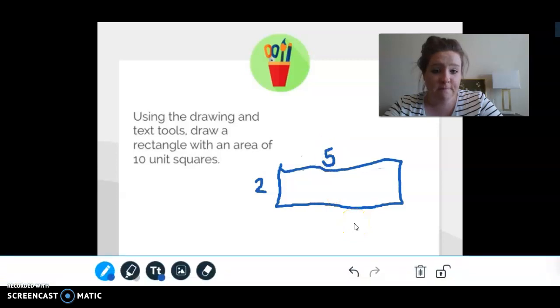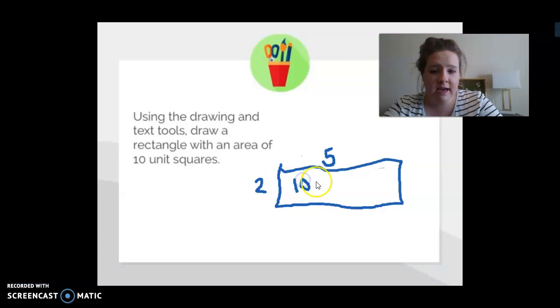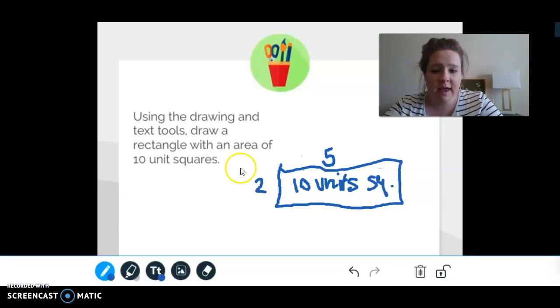All right, that is going to give you an area of 10 units squared.